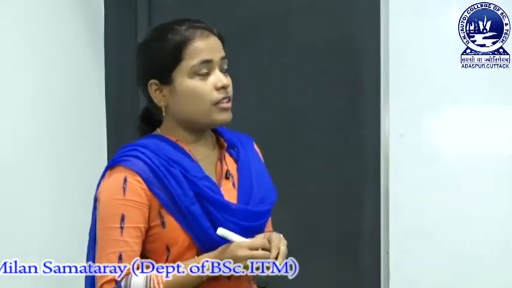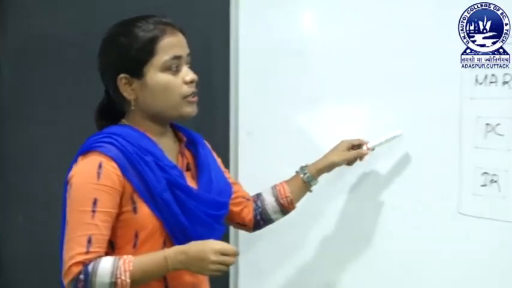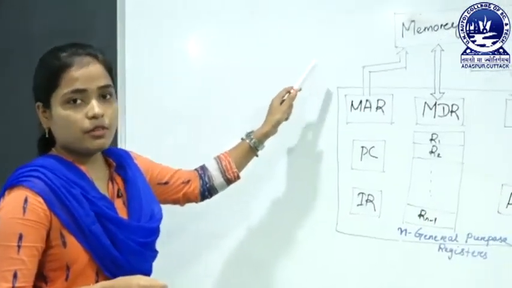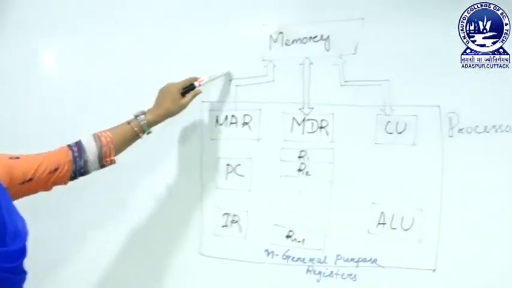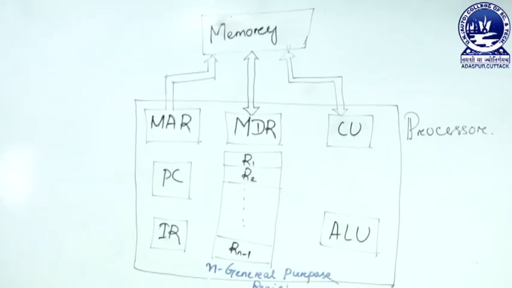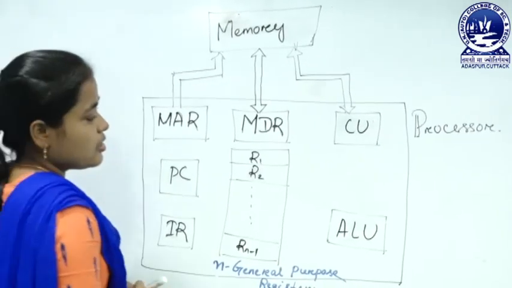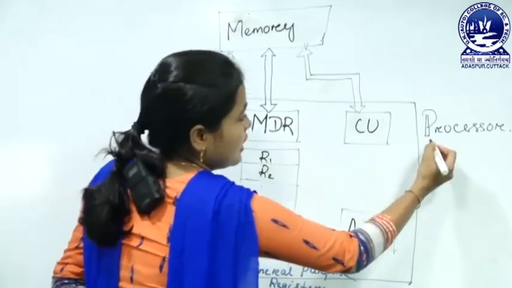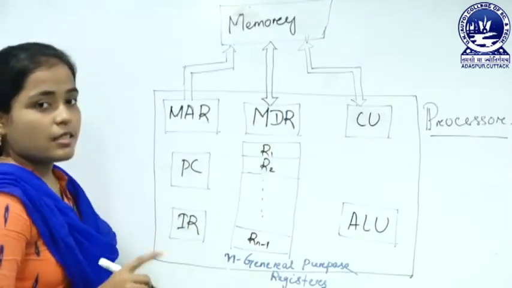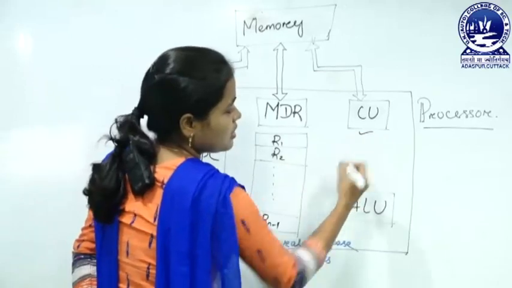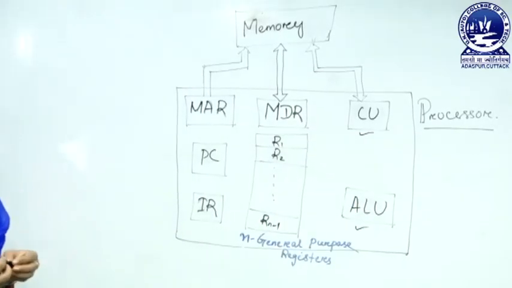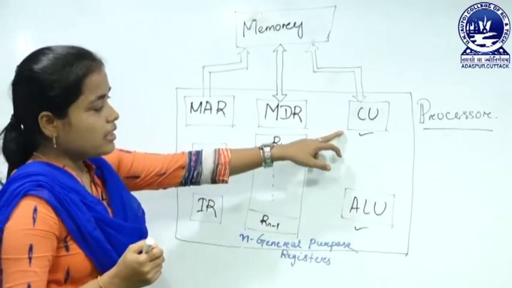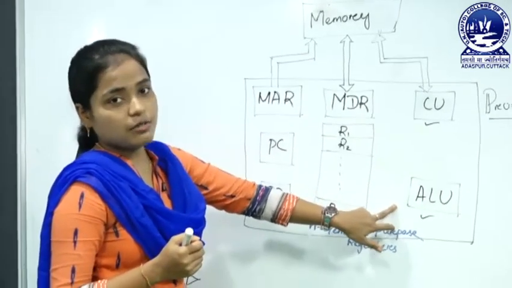In today's lecture, we will discuss an important concept of computer organization, that is the connection between the processor and memory, or how the memory communicates with the processor. In the earlier lectures, we have discussed that the processor contains mainly two parts, one is the CU, that is our control unit, and another one is the ALU, our arithmetic logic unit.